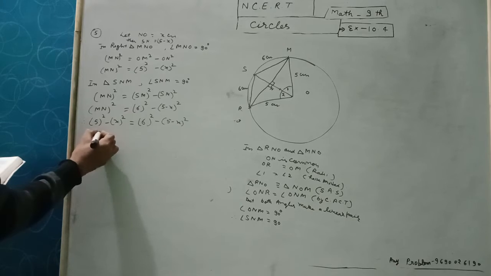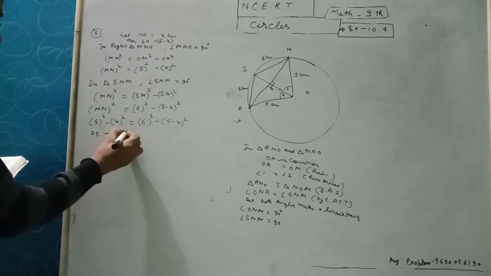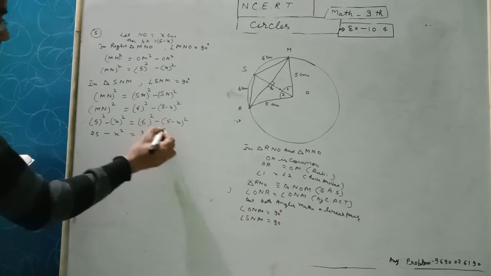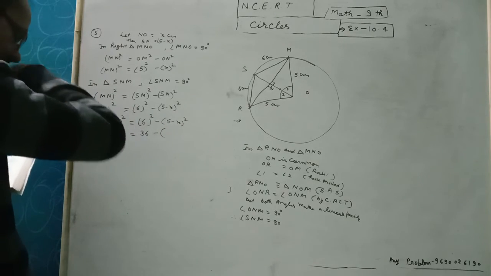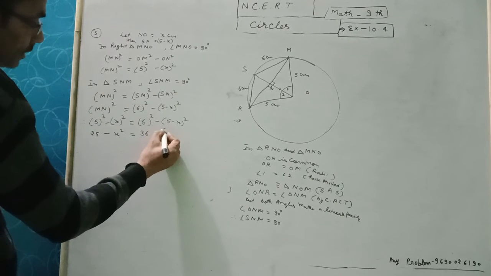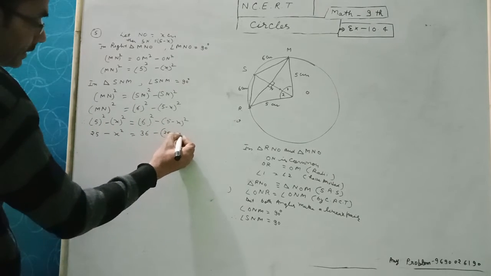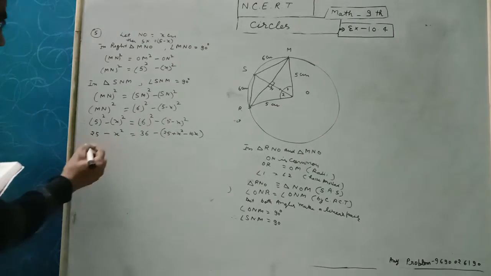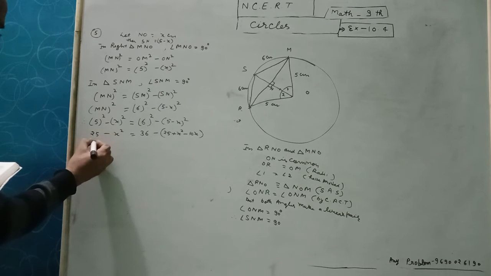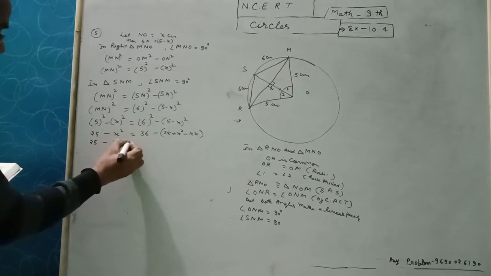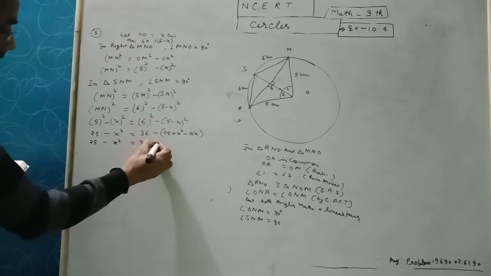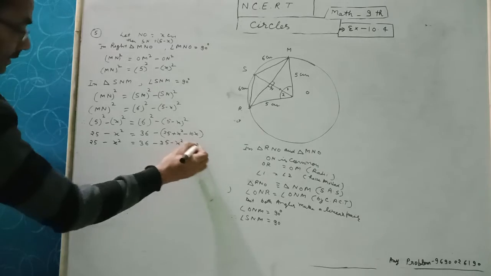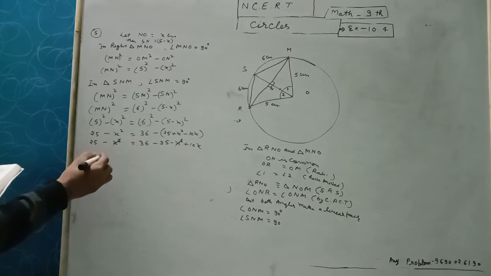5 square is equal to 25, and 6 square is 36 minus the whole square of (5 minus x), which is 25 plus x square minus 10x. After removing the bracket, it is 36 minus 25 minus x square plus 10x. x square cancels x square.